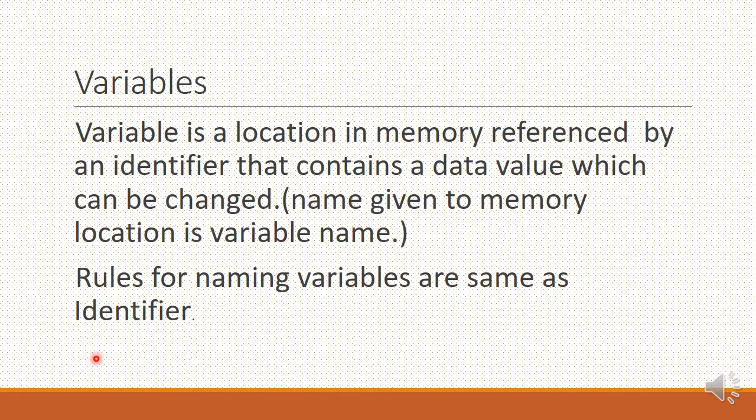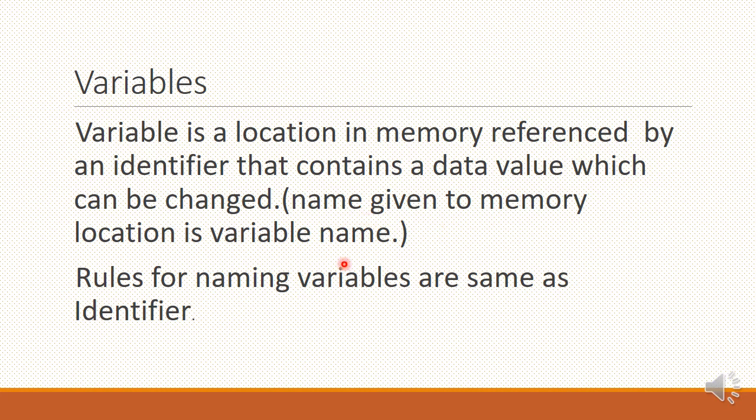The next thing is the variables. What are variables? Variables are varying, that means they vary during the execution of the program. That is what a variable is. A variable is a location in memory referenced by an identifier that contains a data value which can be changed.